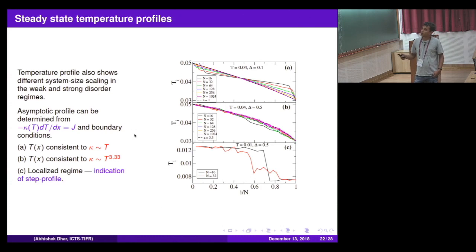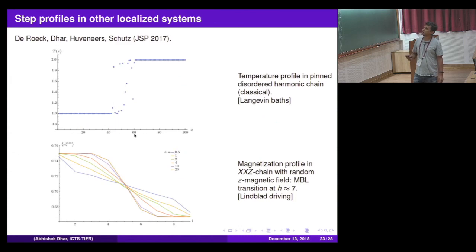Now, if you go to really strong disorder and low temperature, then what we find is step profiles, which you expect in many body like MBL systems. Okay, so this is also an indication that it's strongly localized. So I just want to point to an earlier study where we looked at such step profiles in MBL systems, both quantum and classical.